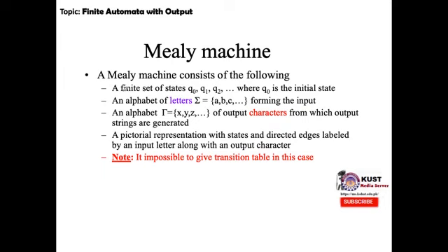So a Mealy machine consists of the following: a finite set of states Q0, Q1, Q2, where Q0 is the initial state, an alphabet of letters sigma consisting of A, B, C forming the input, an alphabet of output characters X, Y, Z from which output strings are formed, and a pictorial representation with states and directed edges labeled by an input letter along with an output character.